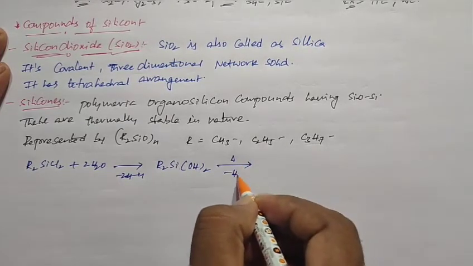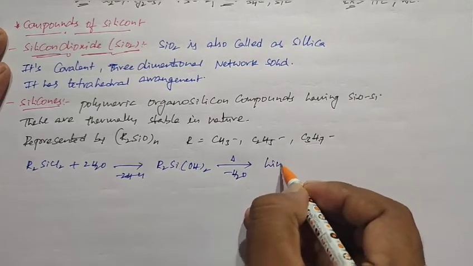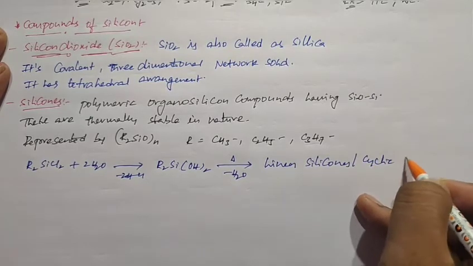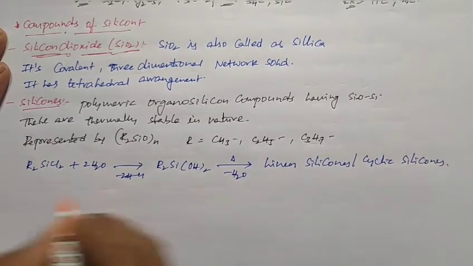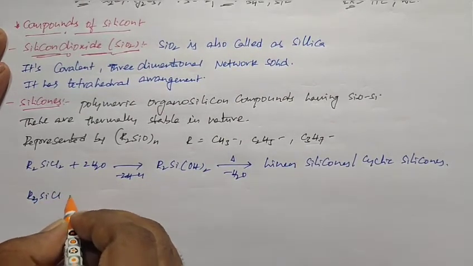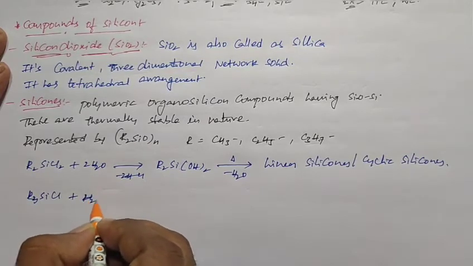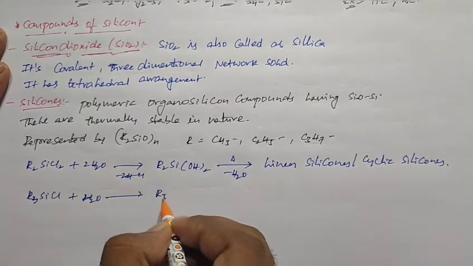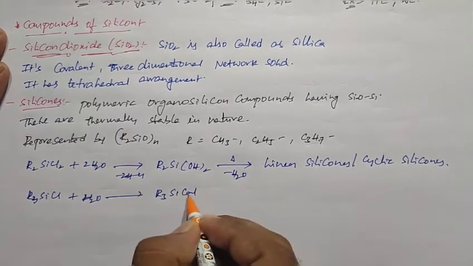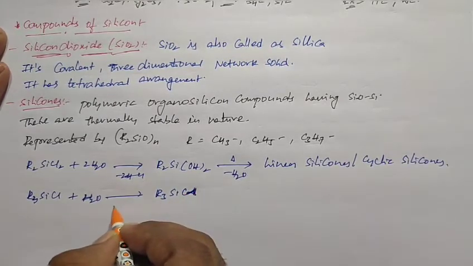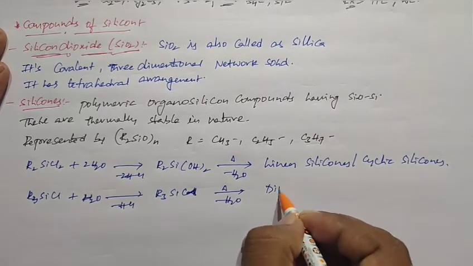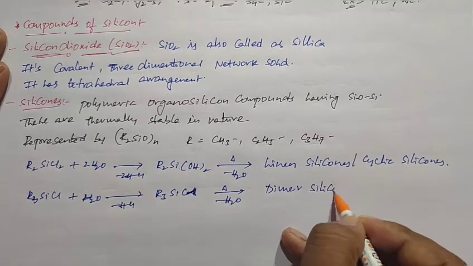On strong heating, water is lost and it forms linear silicones or cyclic silicones. When trialkyl silicon chloride undergoes hydrolysis, it forms trialkyl silanol by the loss of hydrogen chloride. On strong heating, by losing a water molecule, it forms dimer silicones.